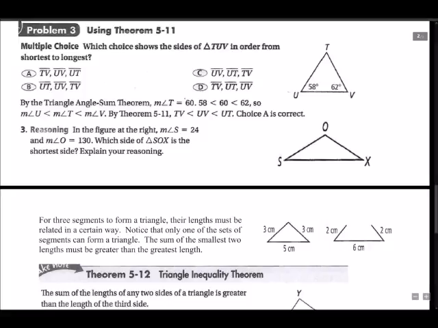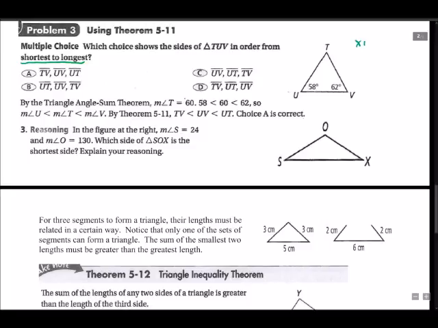So let's look at a problem using this. It says, which choice shows the sides of triangle TUV in order from shortest to longest? So what do we need? We need to look at our angles here. We have a 58 angle, a 62 angle, and oh no, what's our third angle? Well, how are we going to do that?